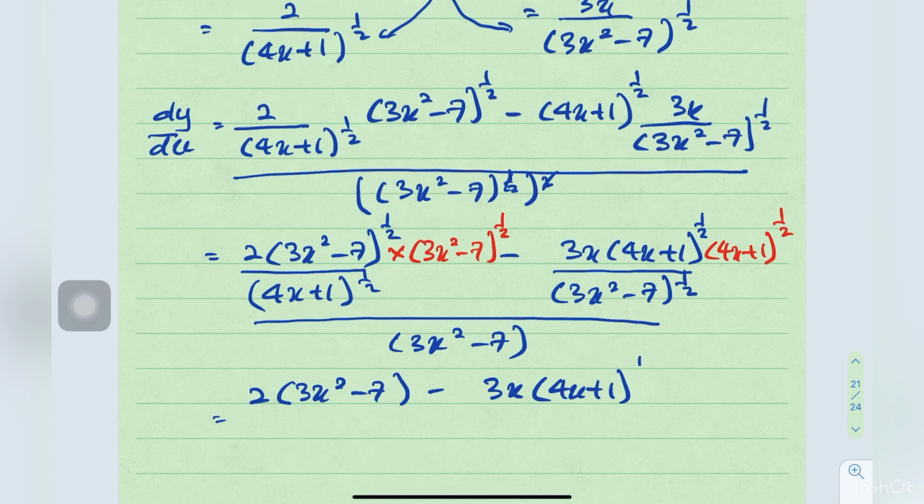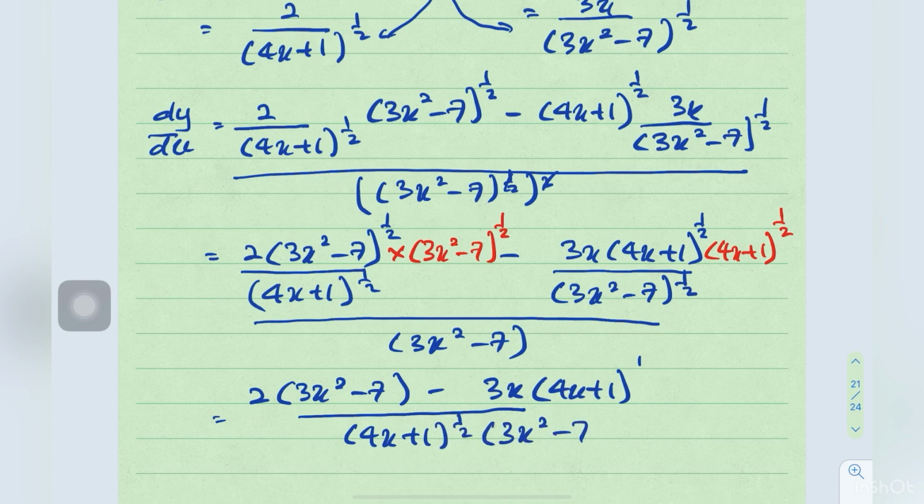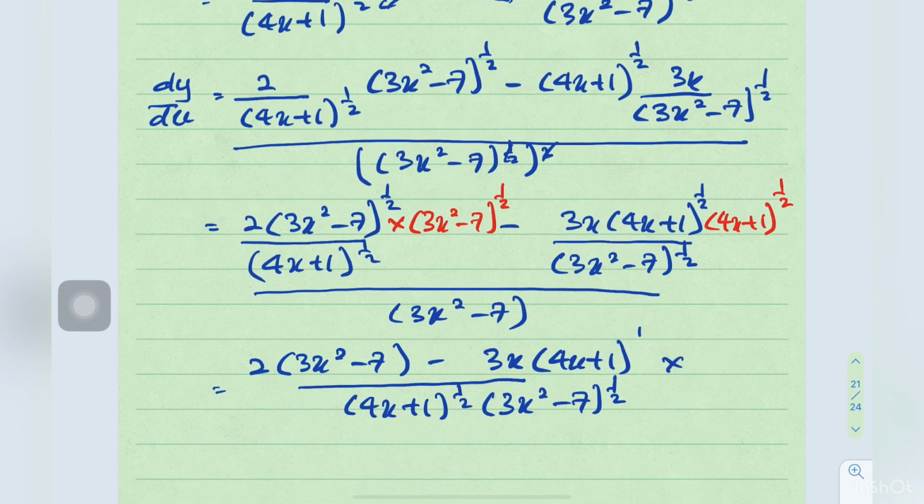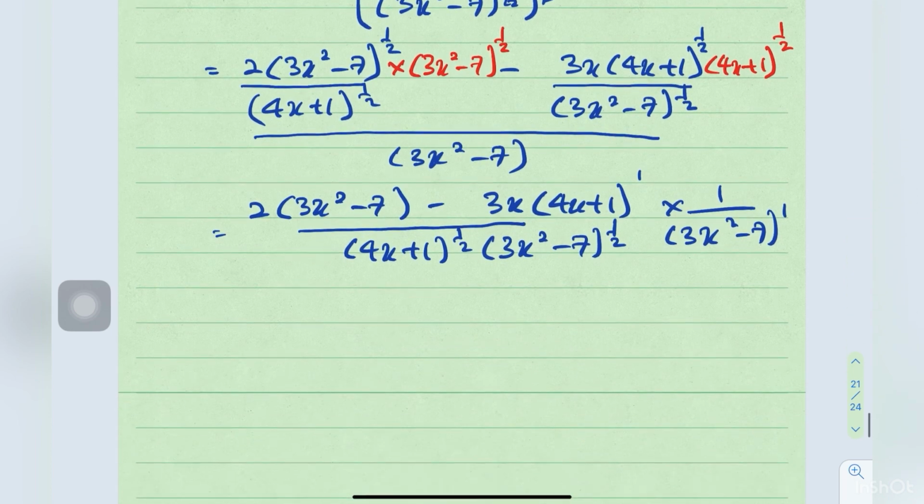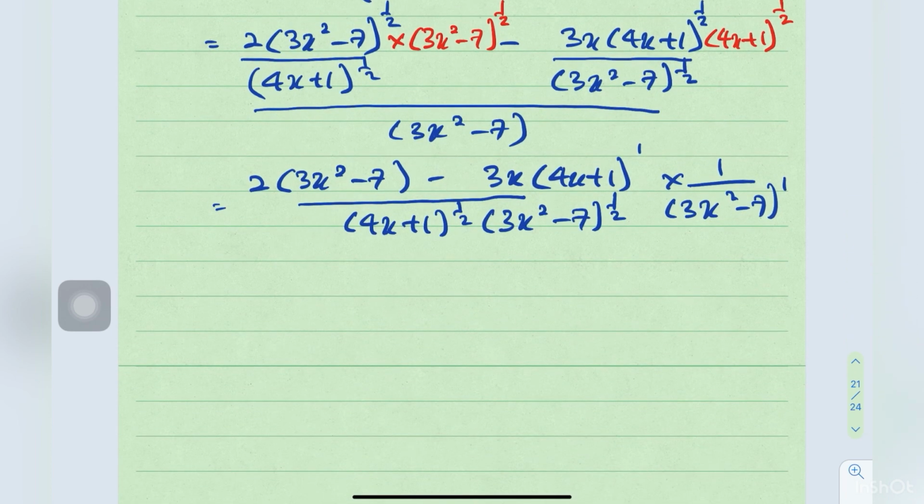Okay, over (4x plus 1) to the power of 1/2 times (3x squared minus 7) to the power of 1/2, times (3x squared minus 7) to the power of 1. Okay, so we expand.